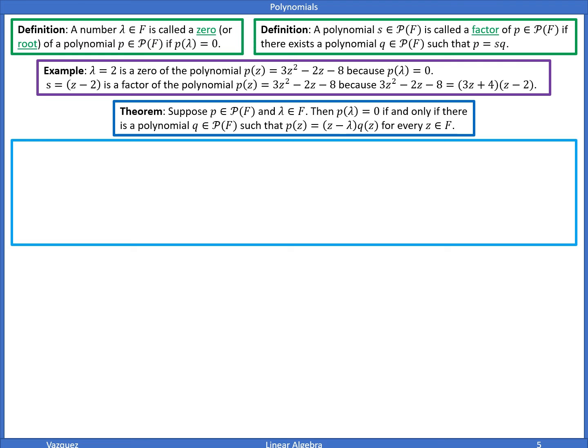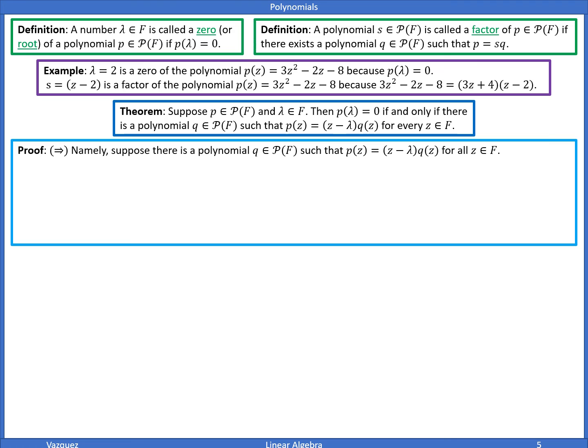Now, how does this proof go? Well, as you can see, it's not too long. It is an if and only if proof, a biconditional, so we will have to prove both directions. So first, this first direction is quite easy. It's pretty obvious, right?